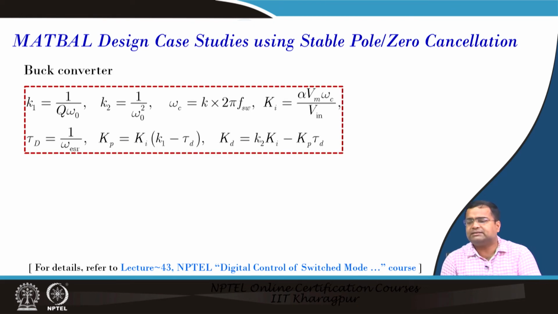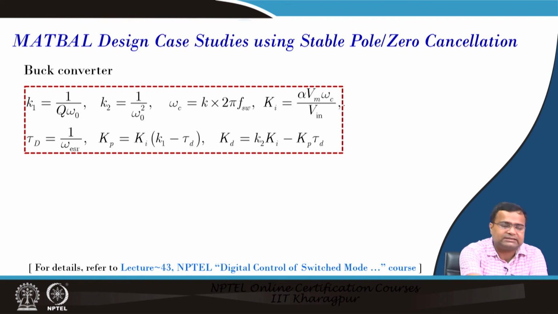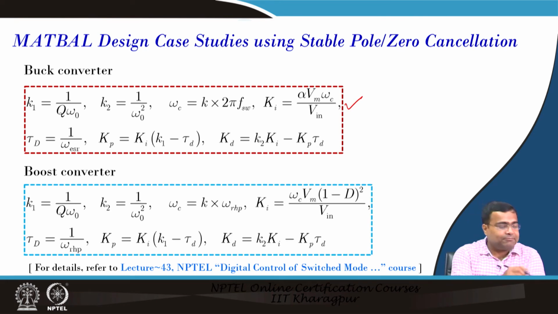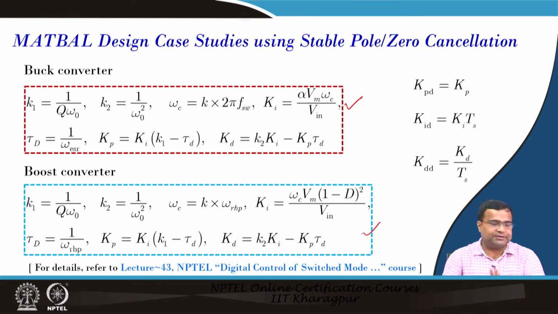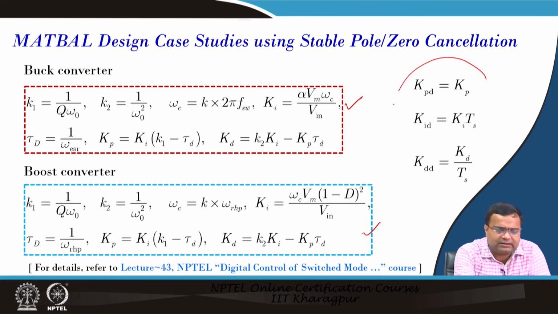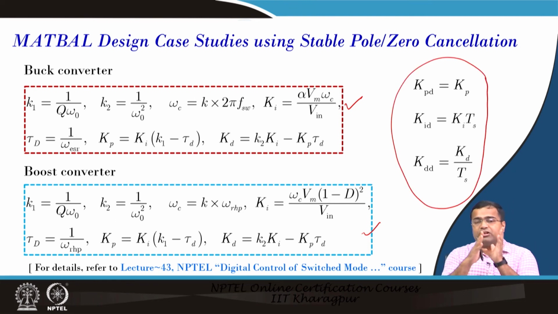We also summarized that if you want to go for the stable pole-zero cancellation method for the buck converter, we have already discussed the case study, and for the boost, what will be the final expressions of Kp, Ki, Kd as well as the tau d values, that we also discussed in lecture 43. Then we need to convert this continuous time controller gain into discrete time controller gain, and that way we can set the controller parameters and implement them on whatever digital control platform we are using.